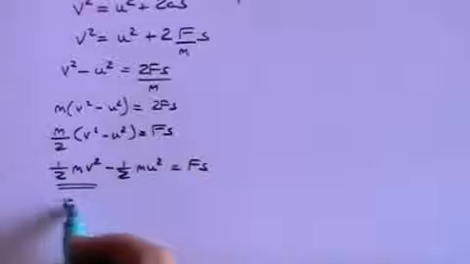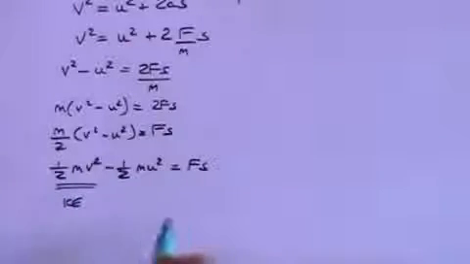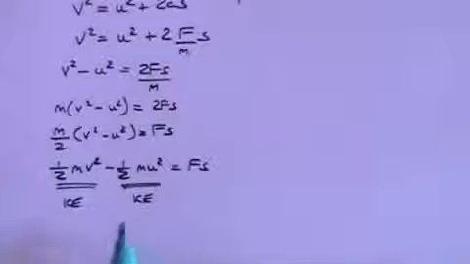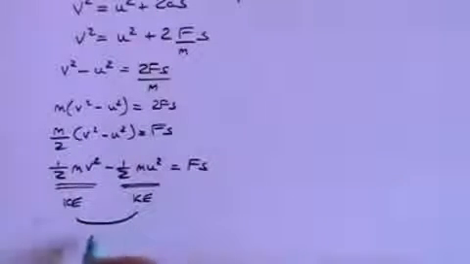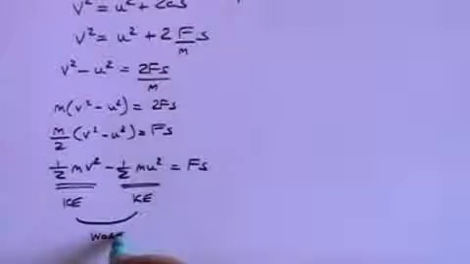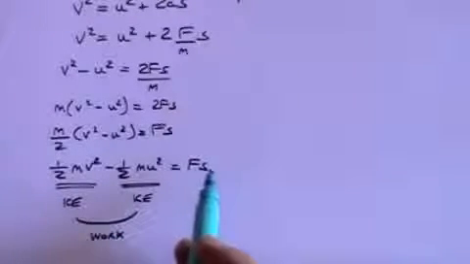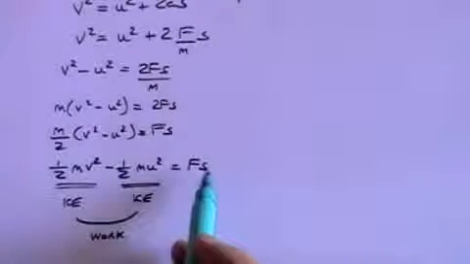This is the kinetic energy that you end up with. This is the kinetic energy that you started with. And the difference between them, the difference in energy, is the work done. And the work done is the force times the distance through which the force has moved.